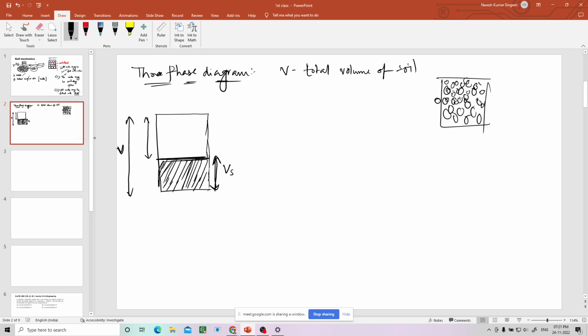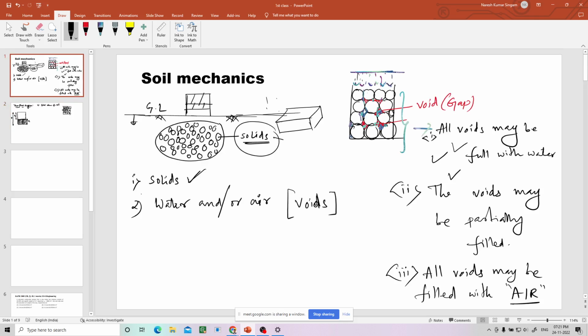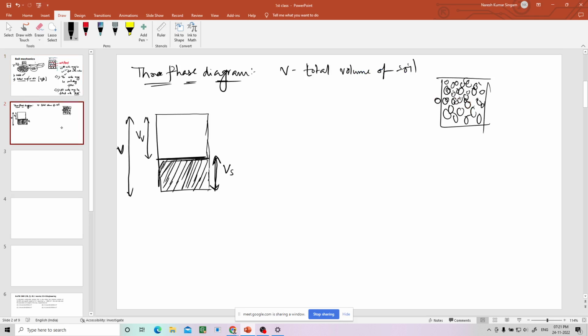The total is the total volume V, and the remaining will be what? Volume of voids. I told you, one is solids, another is voids. These voids may be filled with water and or air. Now what do I do? I'll divide these voids into two parts.